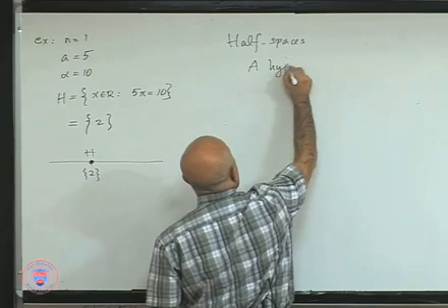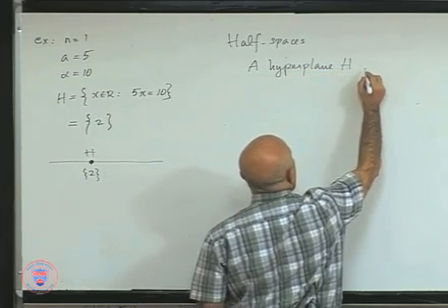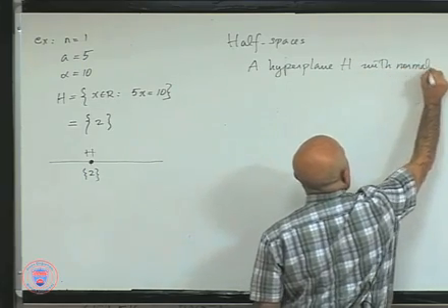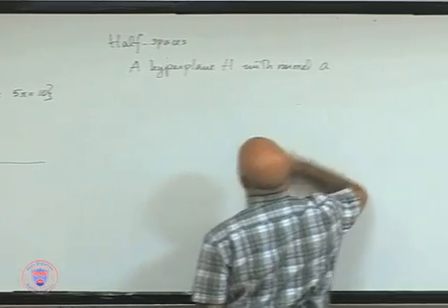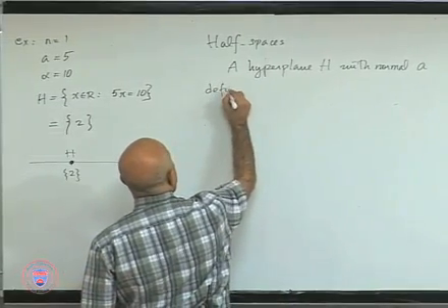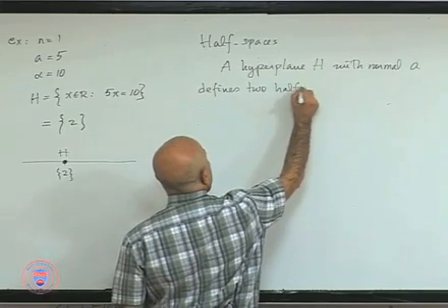A hyperplane H with normal A defines two half spaces.